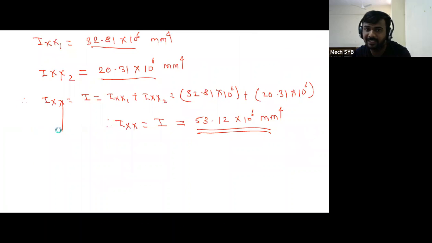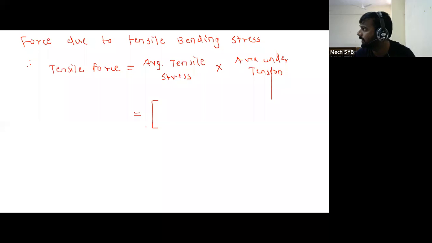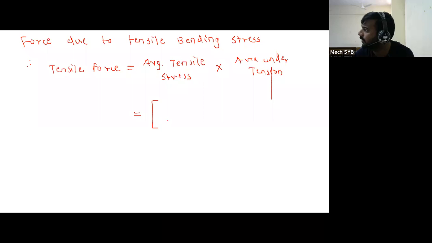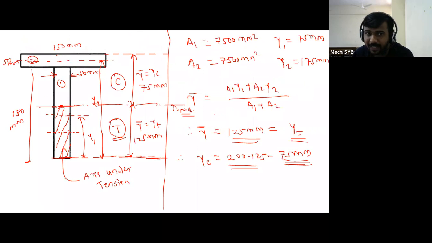मग ऍव्हरेज टेन्साइल स्ट्रेस जर मला फाइंड आउट करायचा असेल तर काय करावं लागेल सांगा? Stress which is present at the neutral axis and the stress which is present at the bottom fiber, divide by 2. मग न्यूट्रल ऍक्सिसचा स्ट्रेस काय? 0. बॉटम फायबरचा स्ट्रेस काय? सिग्मा टी डिवाइडेड बाय 2 into area under the tensile region. मग सांगा what is the area? वर्टिकल रेक्टँगलचा एरिया काय असणार आहे खालच्या न्यूट्रल ऍक्सिसच्या खालचा?